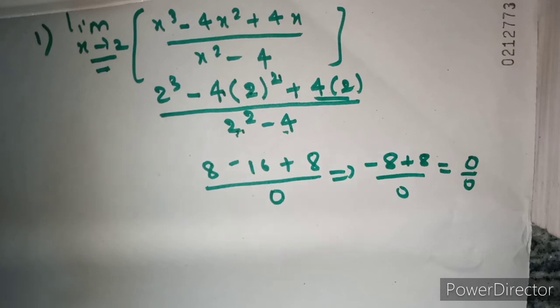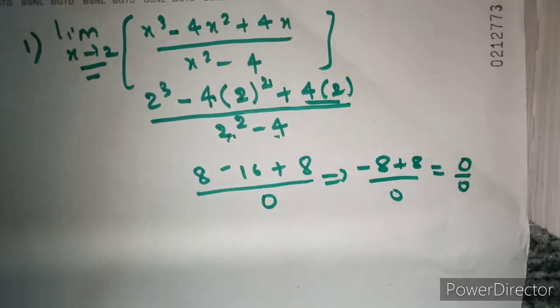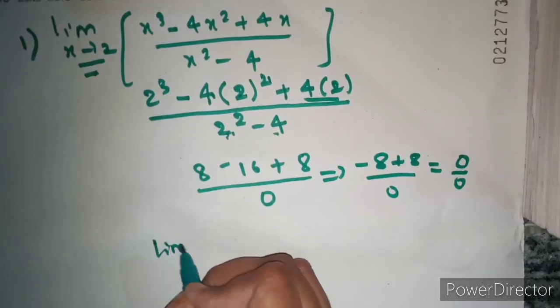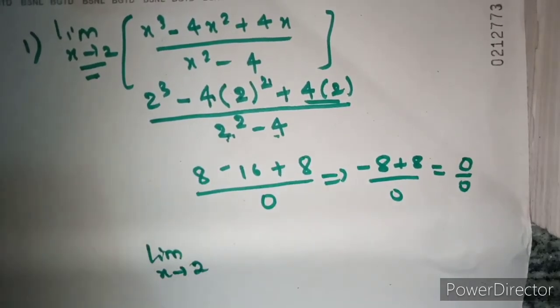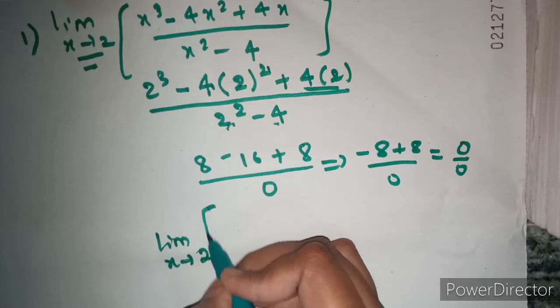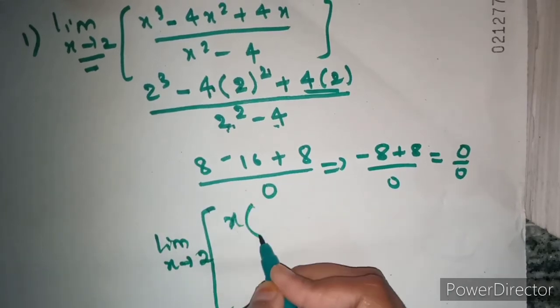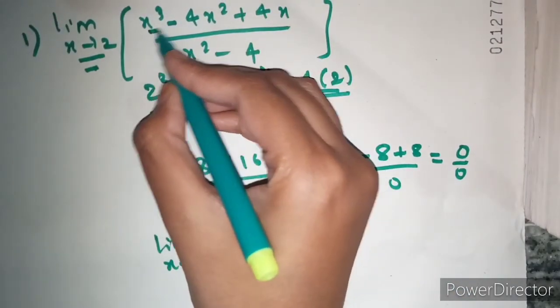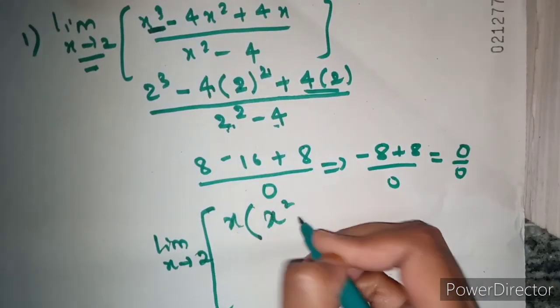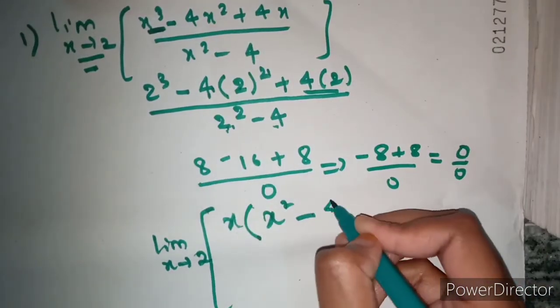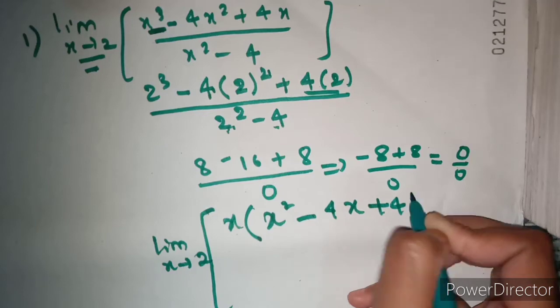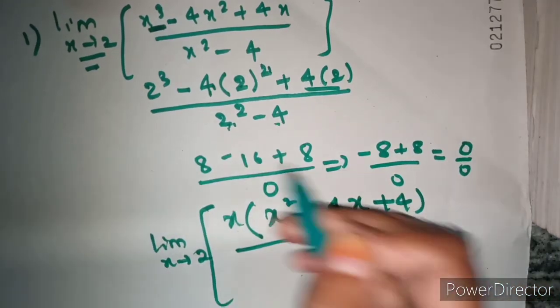What I have told you, if we get 0 by 0 form, what do we have to do? We have to rewrite the function. So in the numerator, which is common? x is common, so take x outside. If I take x outside, we are left with x square minus 4x plus 4, upon x square minus 4.